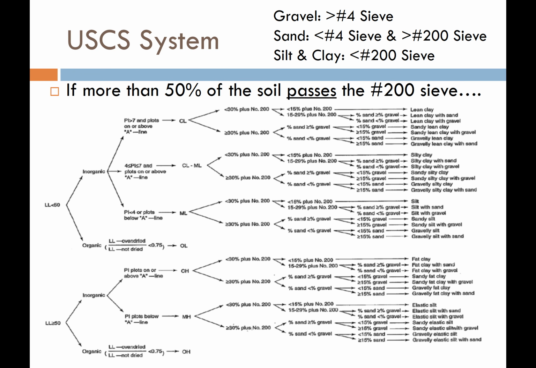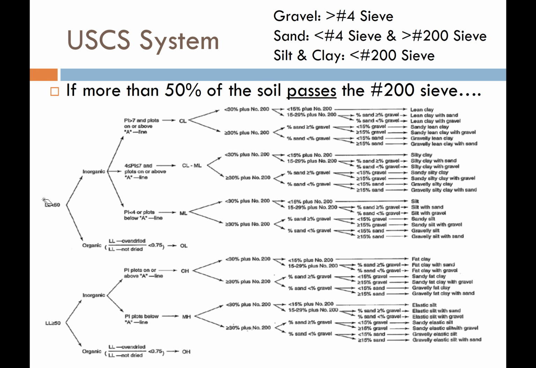If I have a fine-grained soil, same idea, I'm just going to use a different flow chart. You enter on the left, and it's all based off liquid limits and plasticity indices. And so then you start just moving to the right, and your goal again is to get the two-letter or dual classification name and then the technical name associated with your soil.